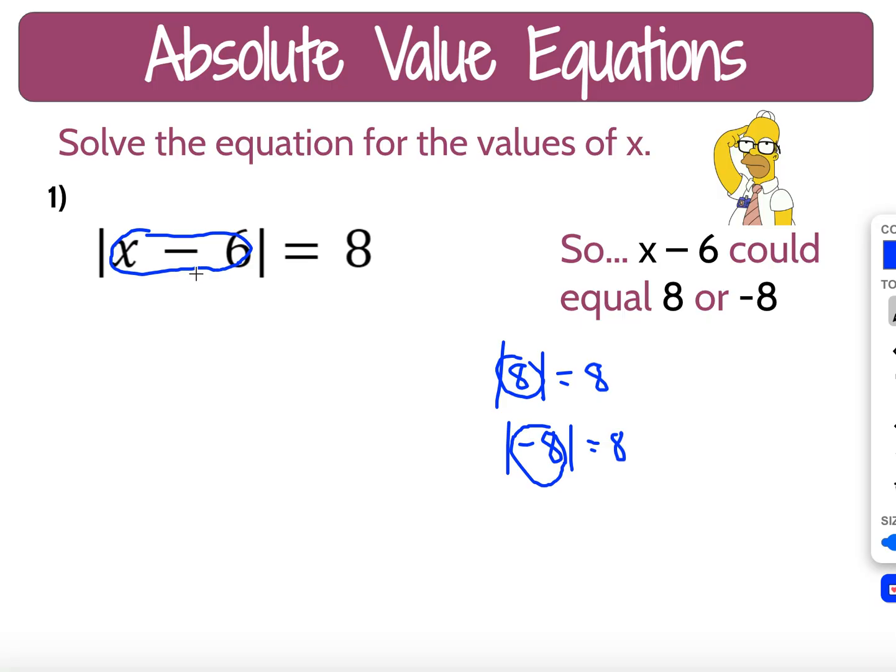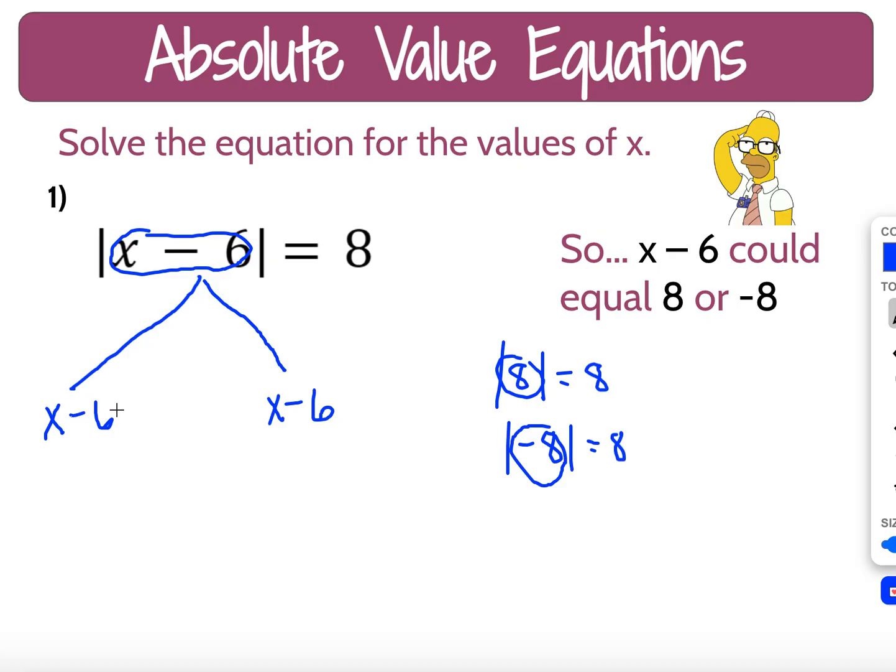So what I'm going to do is pull that x minus 6 out of the absolute value bars twice. I'm going to pull out x minus 6 once, and then I'm going to do it again right here. Now this x minus 6 could represent an 8, or it could represent a negative 8, because both of those numbers would make the statement true.